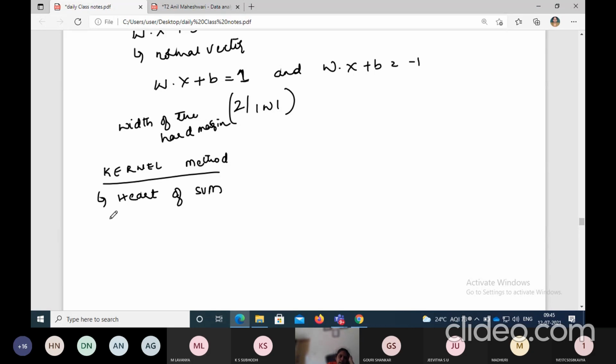So what is this kernel again? What does kernel stand for? Okay, kernel stands for core, heart, or it could also be treated as the germ in a fruit.